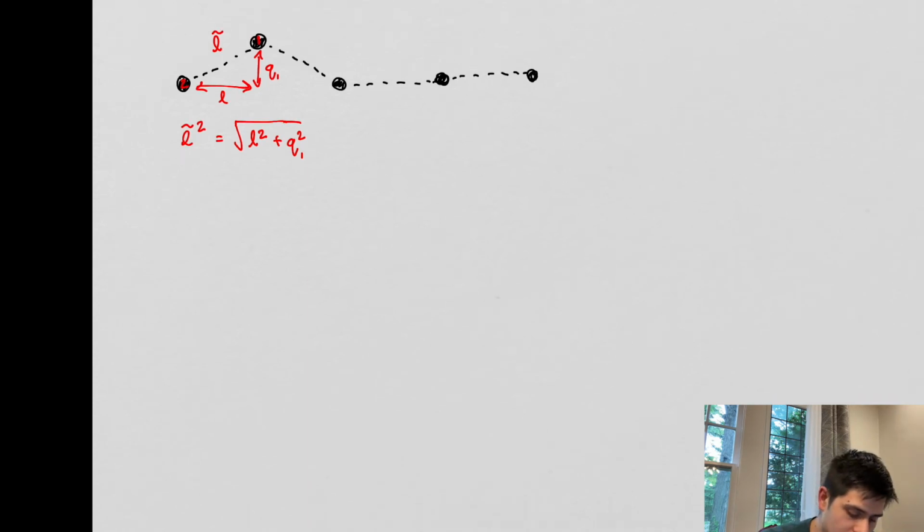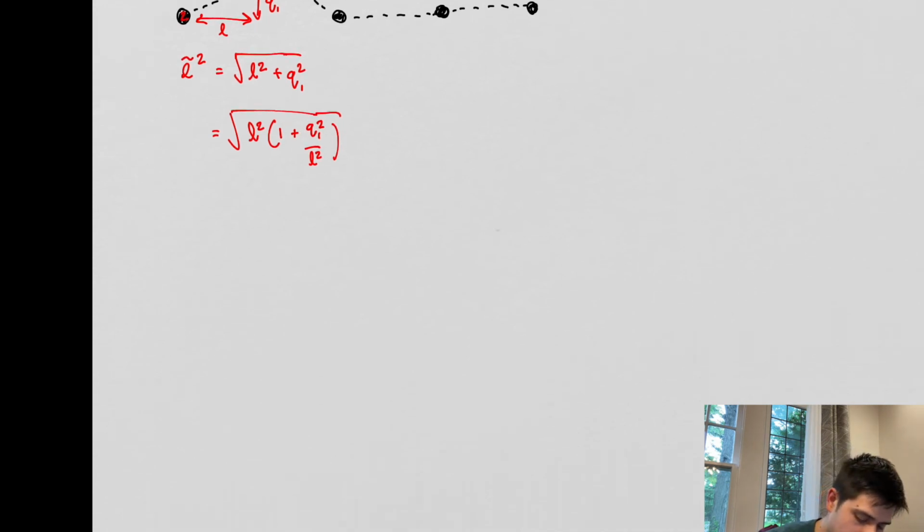So then what we can do is factor out L squared. This might be something you've seen already. To do that, we'd have to do this, like that. Okay. What does this enable us to do?